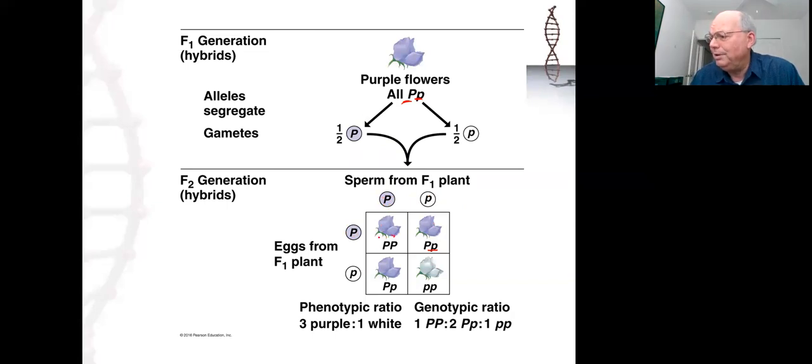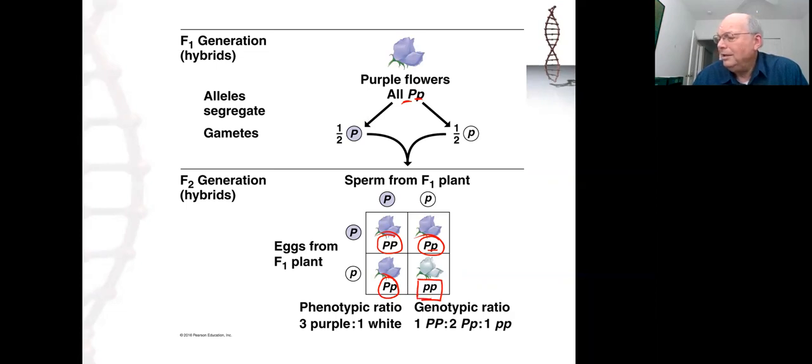So these are two big P's, and that's going to give us a purple flower. If we have the big P, little p combination, well, that's the same as we saw back up here in the F1s. So that's another purple. This one is big P, little p, so that's another purple. And then if you've got two little p's, that gives you your white. And there's your 3-to-1 ratio.